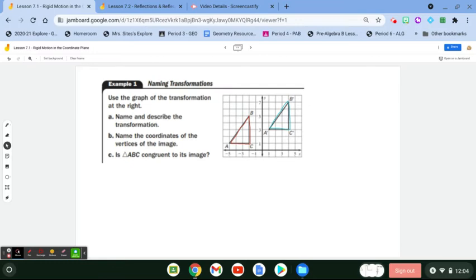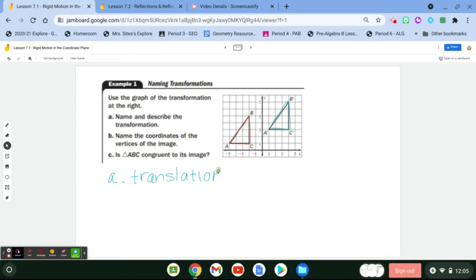We're going to name and describe the transformation. If you take a look, it doesn't look like I made that mirror image to do a reflection. It doesn't look like I turned to do a rotation. So it has to be the slide. So we're going to say a translation.